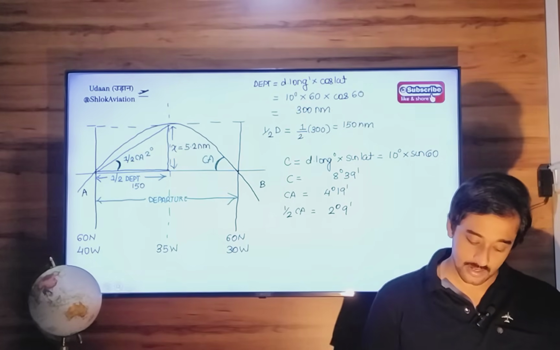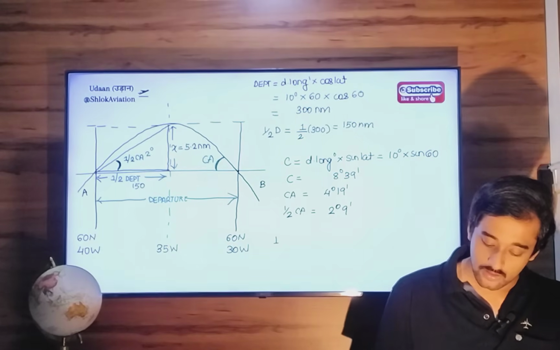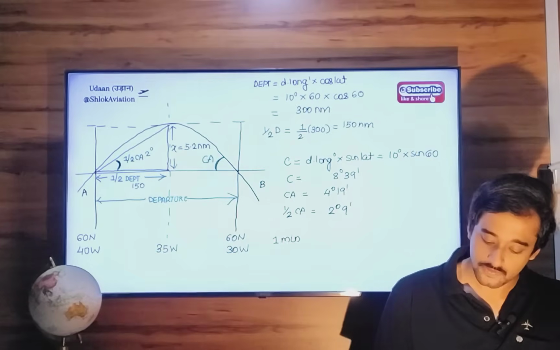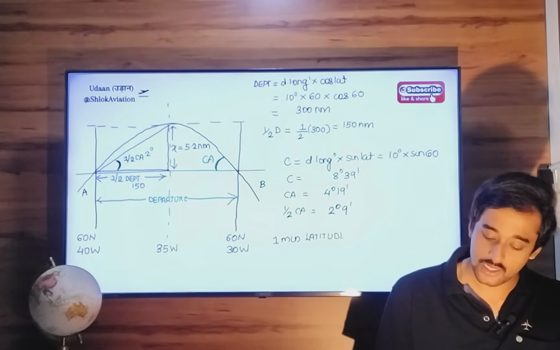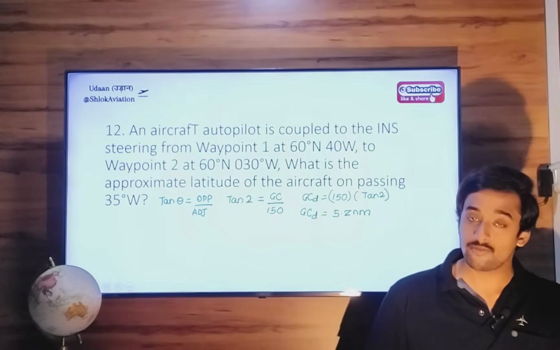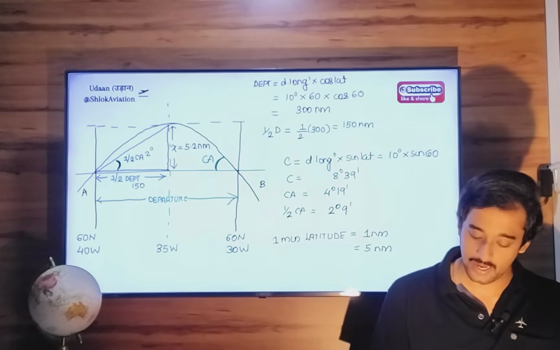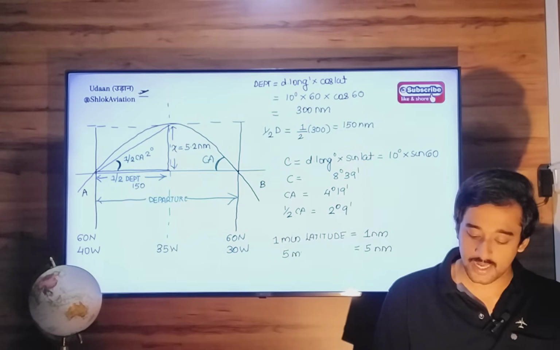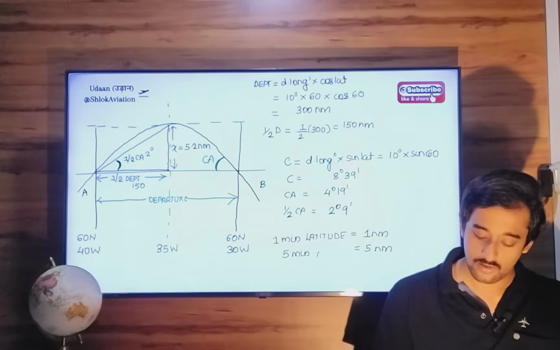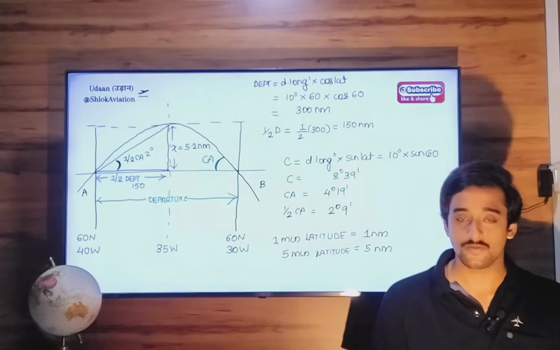Now we know the definition, 1 minute of latitude equals 1 nautical mile. So 5.2 nautical miles, or approximately 5 nautical miles, will be equal to 5 minutes of latitude, right?